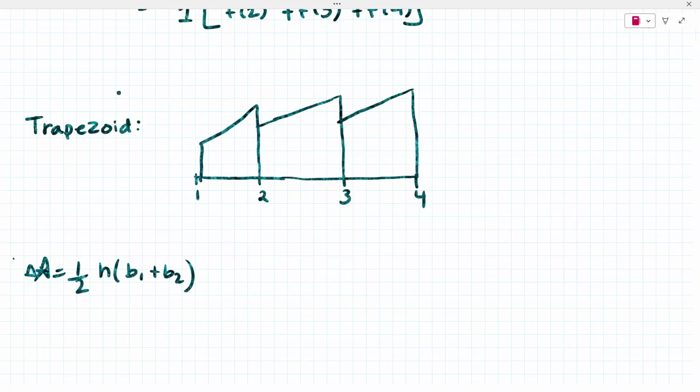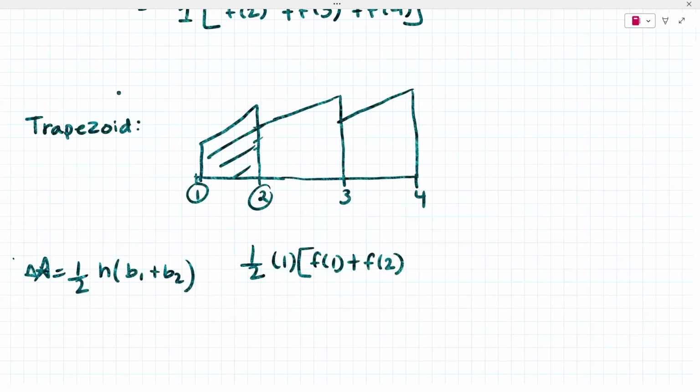So if you look at this first trapezoid, it's going to be 1/2, and then the distance from 1 to 2 is 1. And then we have to multiply by base 1 plus base 2. So here's your base 1, so that's f of 1, plus this other height, which is f of 2.